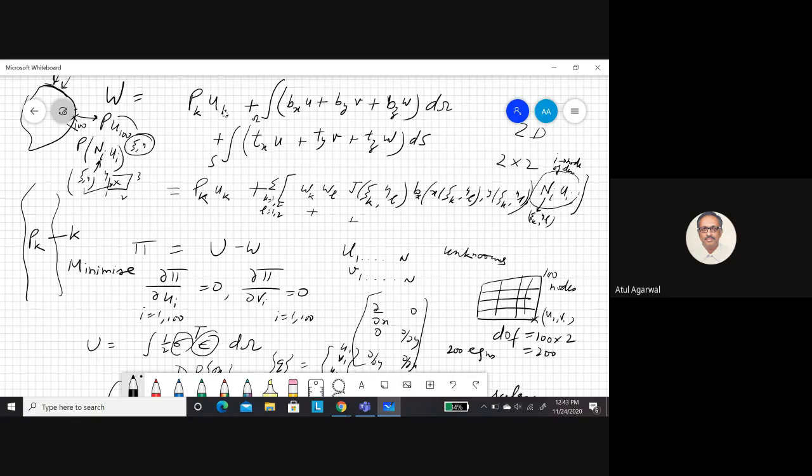Whatever is the force applied there. Similarly here, suppose you take bxu. Now you are here. This is this expression. So you can find that whatever is multiplying with u, suppose u100, that term you will get as a derivative. If you take derivative of this with u100, whatever is multiplying with it will get there, and you will put it at 100th position. Do you understand what I mean?